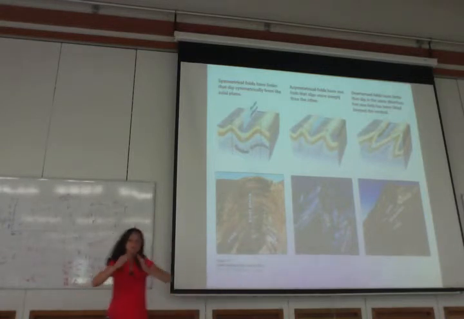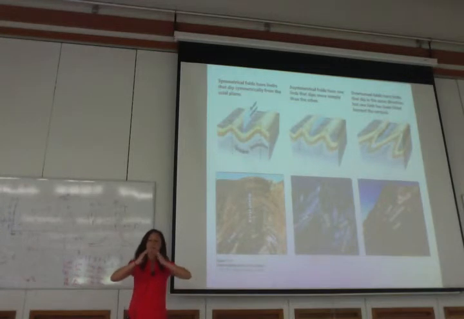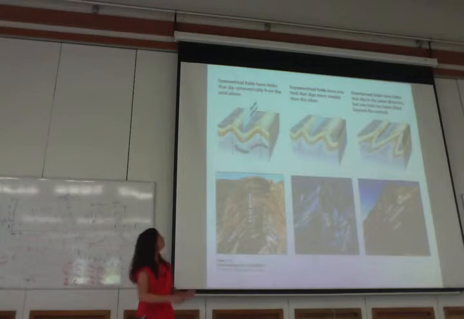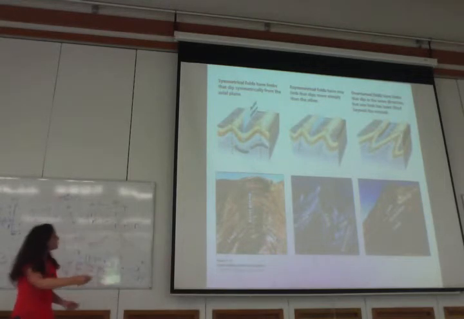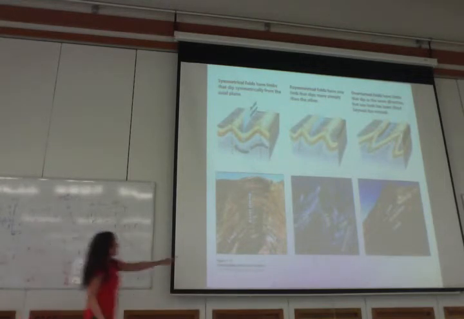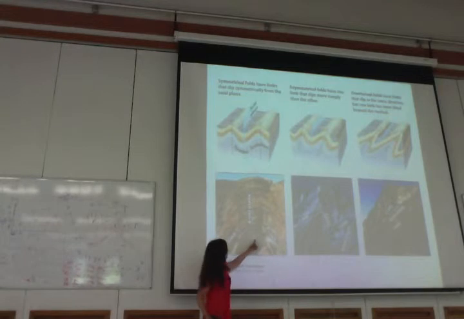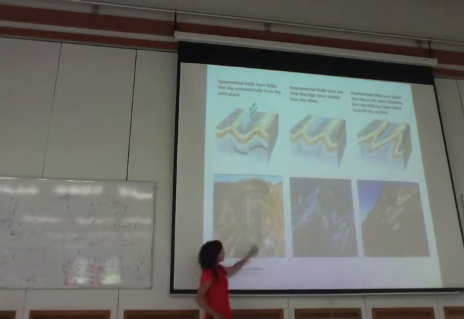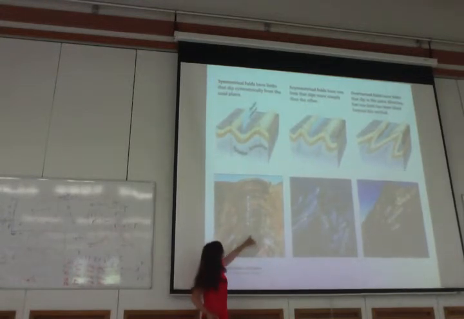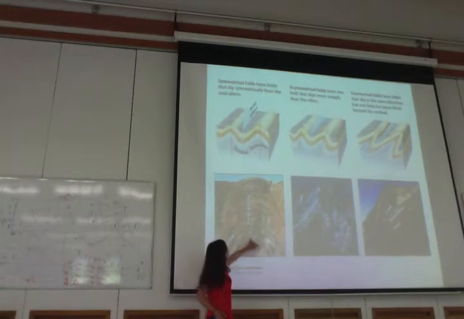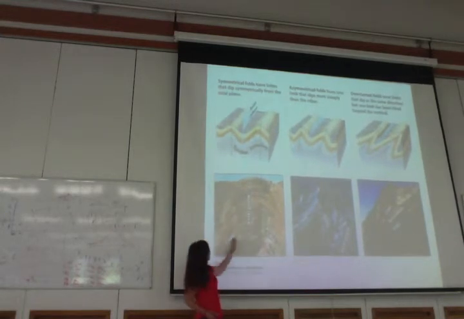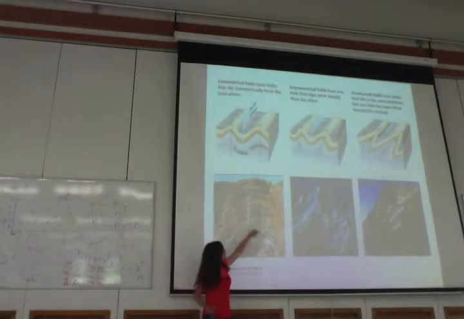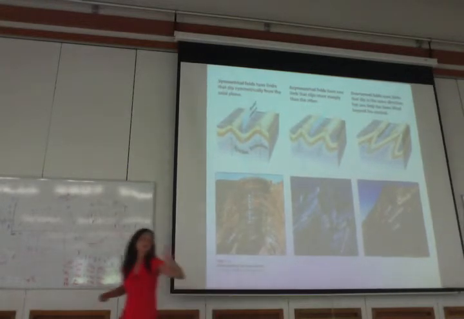So in a symmetrical fold, the dip of the beds either side of the fold axis is equal, so it looks symmetrical. This is a nice example here. Our axial plane cuts all of the hinges. We call this part of the fold, from the centre of the fold, the hinge. We have a different limb either side, and as you can see here, the angle of dip on either side of that axial plane is roughly equal.